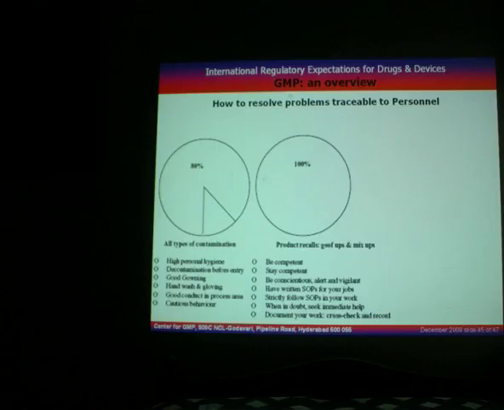Whenever you're in doubt, don't guess. Go immediately and seek help from your supervisor. And remember one thing, whatever you do, document it. Have it cross-checked if necessary and record it. Do whatever recording you're doing at the time when you're doing your work, not 15 minutes before the bus comes.